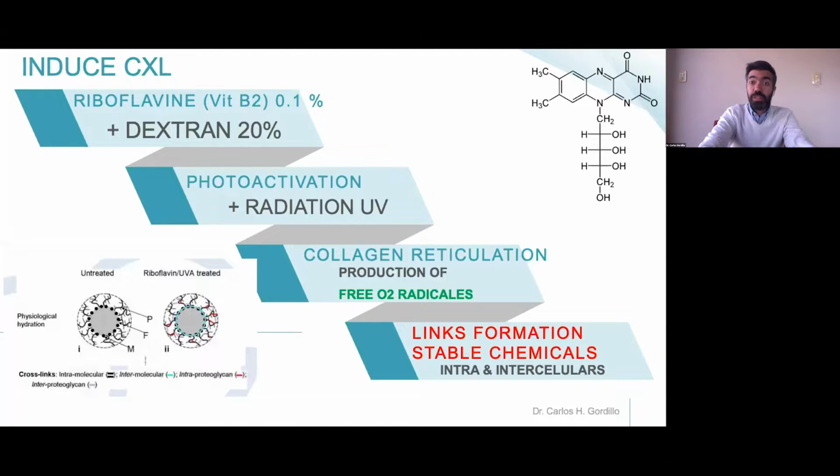Then you have the photoactivation of the vitamin with UV radiation. It's performed with a laser machine. I'm going to show you. And it begins the collagen reticulation with the production of free oxygen radicals. So the link formations are stable, intra and intercellular, and you'll have a very hard cornea, and you're going to avoid the progression of the conus.